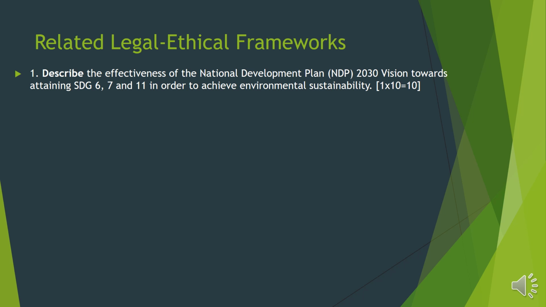I think under that is where they talk about alternative energy sources like solar power, and the use of LPG, which is liquefied petroleum gas, instead of paraffin, because paraffin produces greenhouse emissions which pollute the air. So now it takes away from environmental sustainability. So you'll talk about such things.